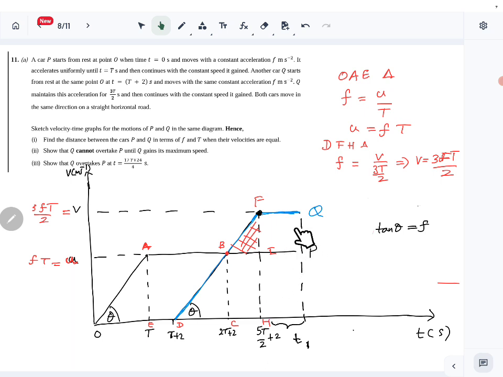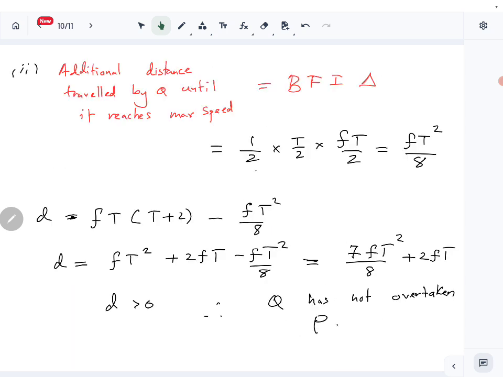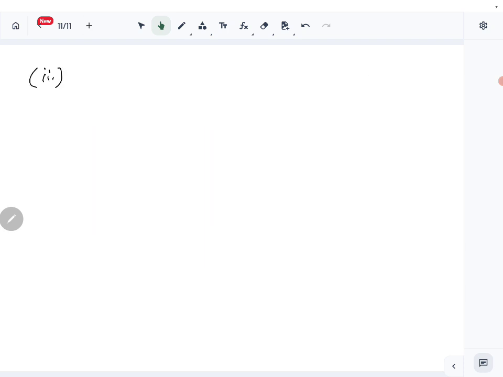So if Q catches P, then Q's travel distance V into t1 should be equal to U into t1 plus this distance. Then Q catches P. So Q travels how much distance? V into t1.